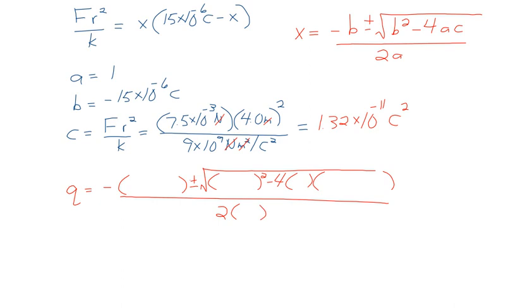For A, we're going to put in 1. For B, we're going to put in negative 15 times 10 to the negative 6 coulombs, there and there.